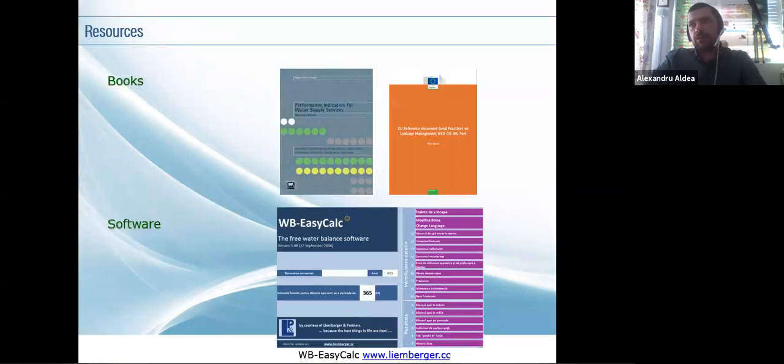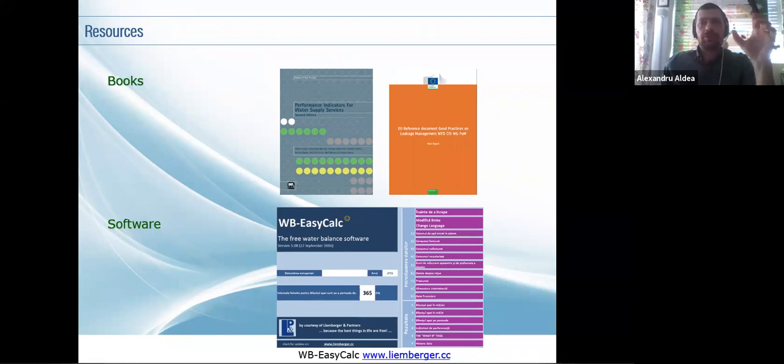And I would like to recommend some books. There are plenty of other books and documentation available. However, you could start with the IWA Performance Indicators for Water Supply Services. I think this is the picture for the second edition, but the third edition is already out.